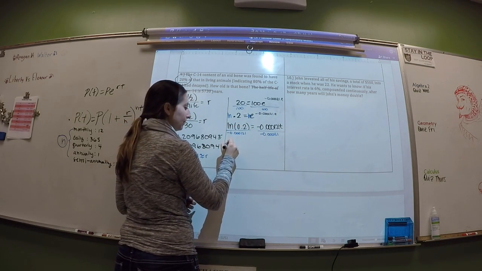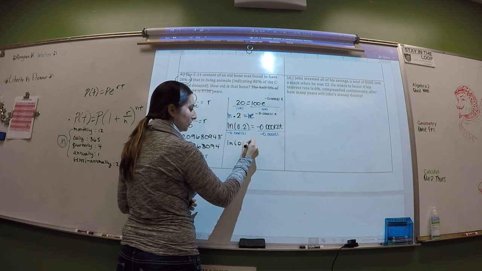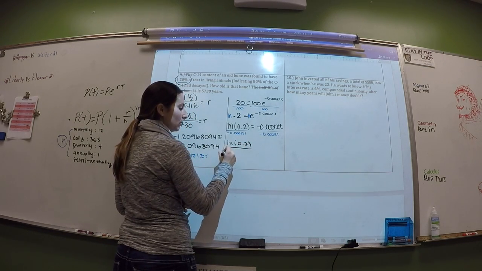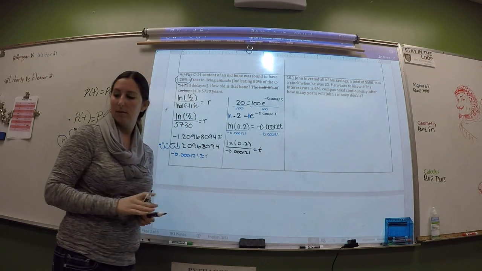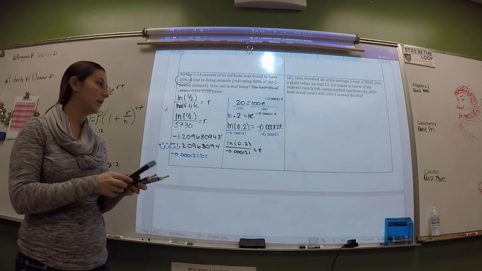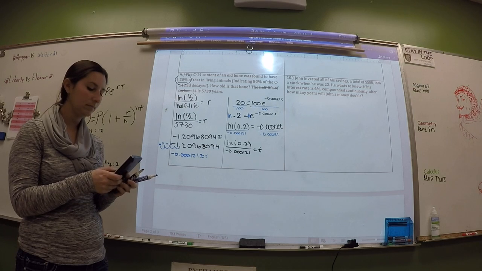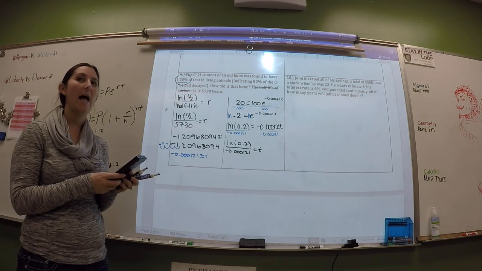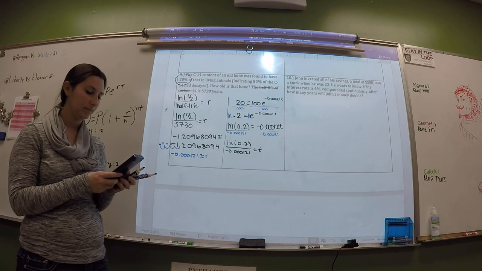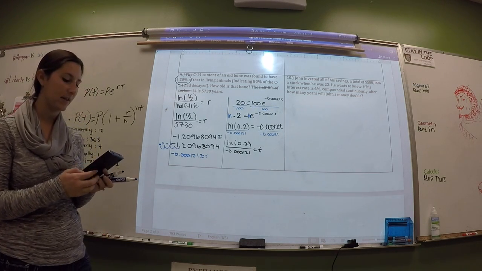So your time, or the age of the bone, is the natural log of 0.2 divided by 0.000121. It's gonna be pretty old. Okay, so you're using 20 because that's the amount that it has left? Yeah, whatever it has left, that's what you use.